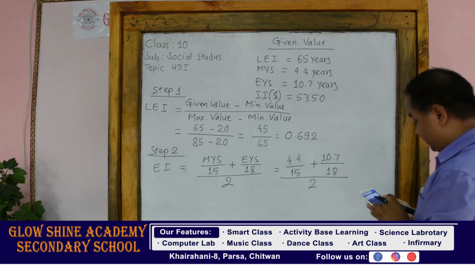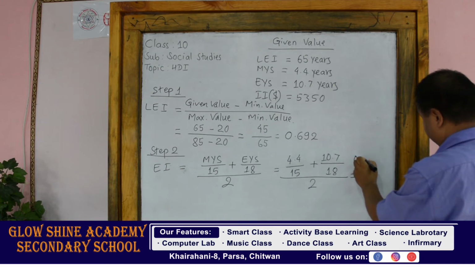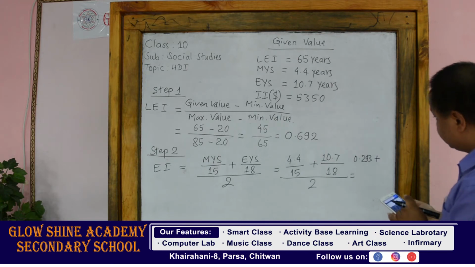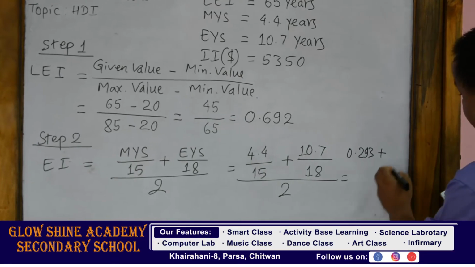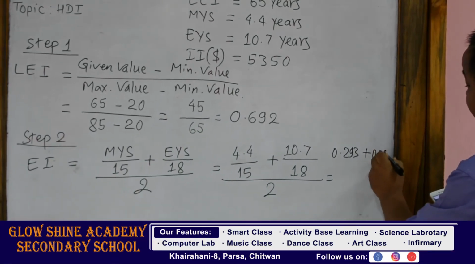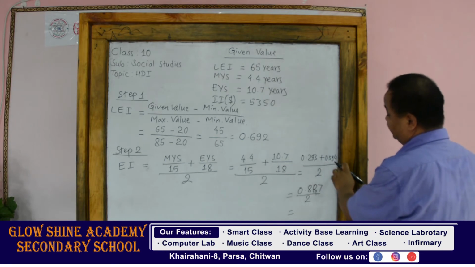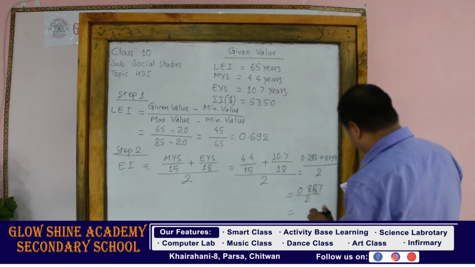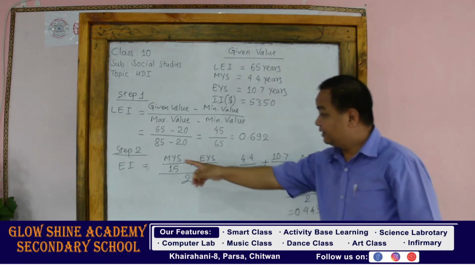Okay, 4.4 divided by 15 is 0.293 plus 10.7 divided by 18, 0.594, whole divided by 2. 0.293 plus 0.594 is equal to 0.887, and this data is divided by 2 and we have the value 0.443. This is the value of education index.